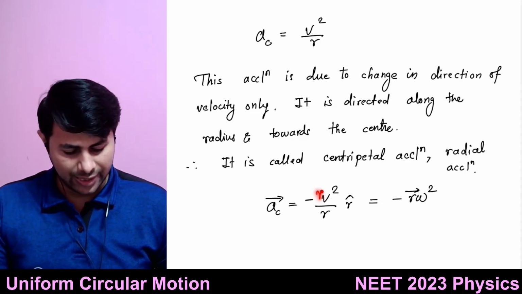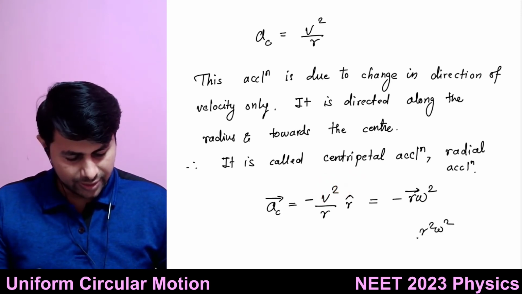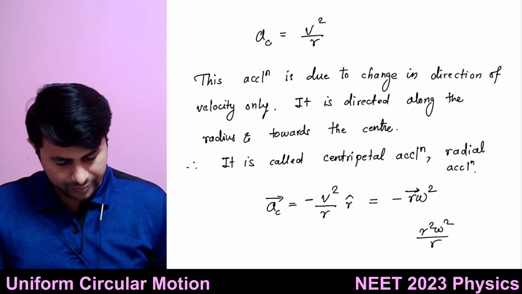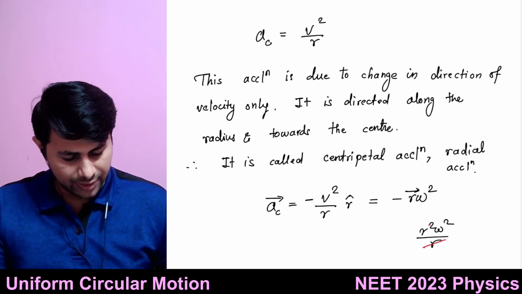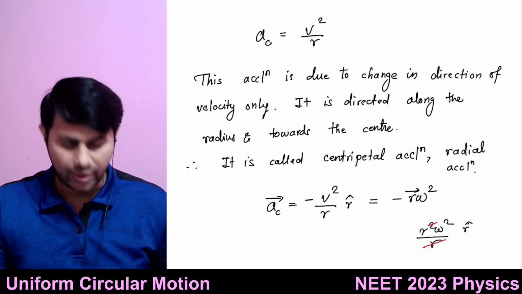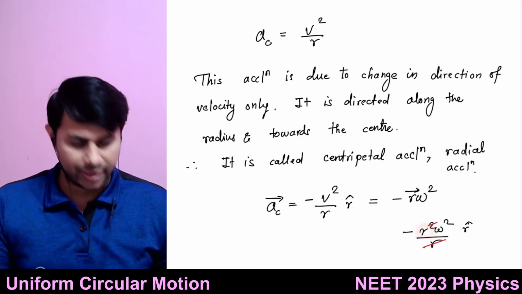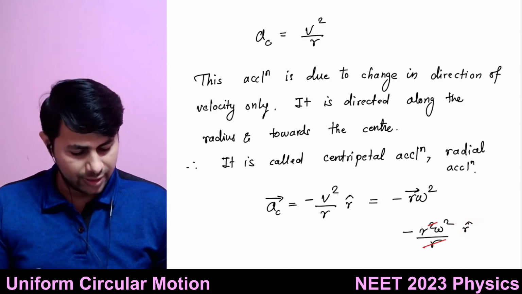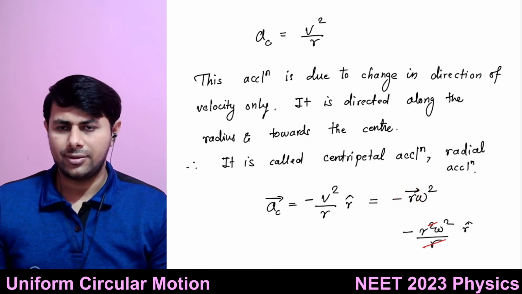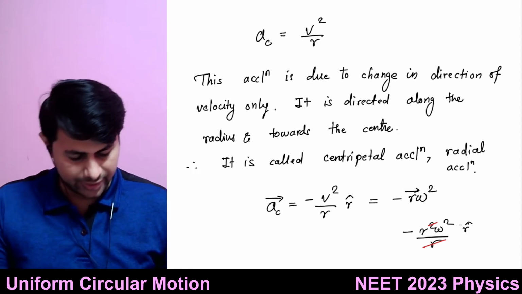So this will be r square omega square divided by r, and this r gets cancelled out with this r, so you get r omega square multiplied by r cap and this negative sign. This r is the magnitude of radius vector, this is the direction of radius vector. Magnitude multiplied by direction will give you the radius vector. So this is another formula for centripetal acceleration.